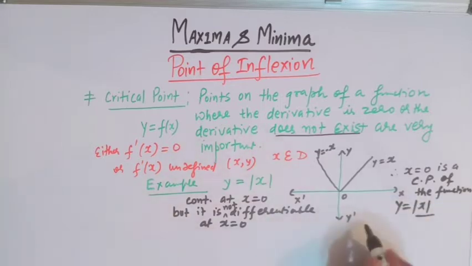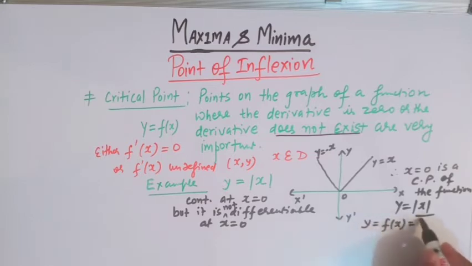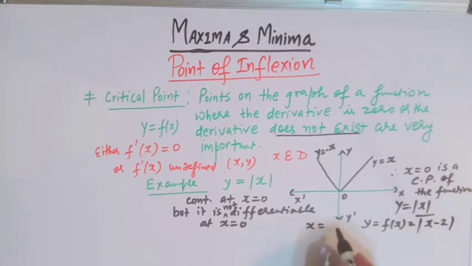Similarly, if we have a function say y is equal to f(x) is equal to mod of x minus 2, then we see that this function is continuous, but this function is not differentiable at x equal to 2, right? So it means f prime of x does not exist for this function at x equal to 2.